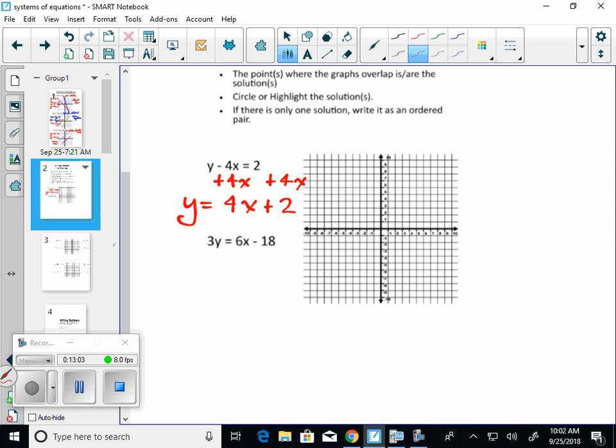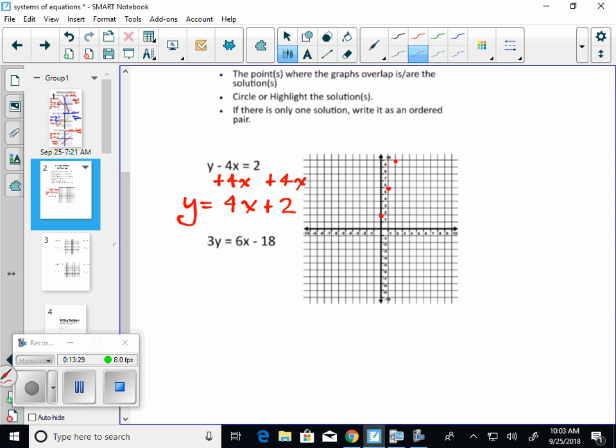And if I went ahead and graphed this, where would I start? At 2. I always start at the y-intercept. So go up your y-axis to 2, put a dot. That's where I start. And then my slope is positive 4. That means I go from my y-intercept, I go up 4. 1, 2, 3, 4 over 1. And I do that until I run out of graph.